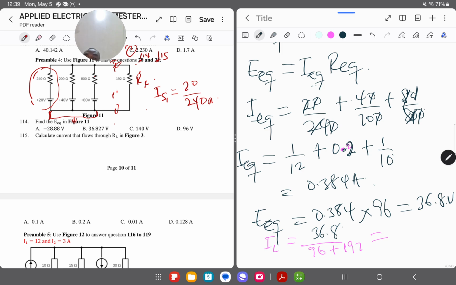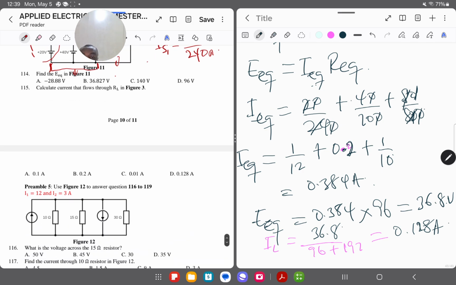So now we get here to be divided by this 2, I guess, 96 plus 192. That is going to give us 0.127, which is going to 0.1277. So that is 0.128 amps. So the answer here for this is what? D.